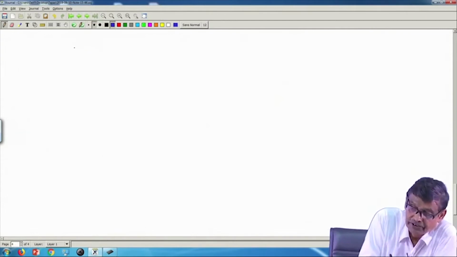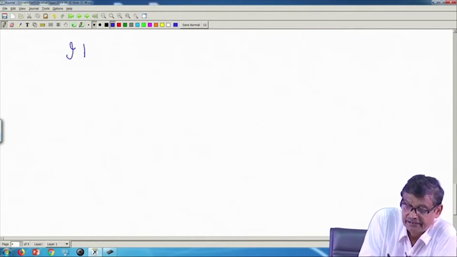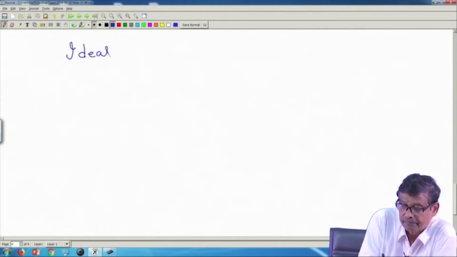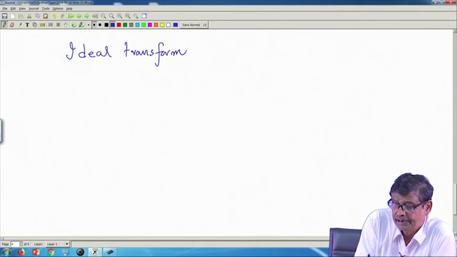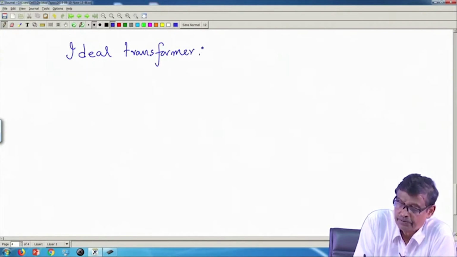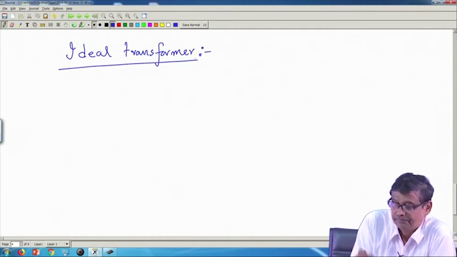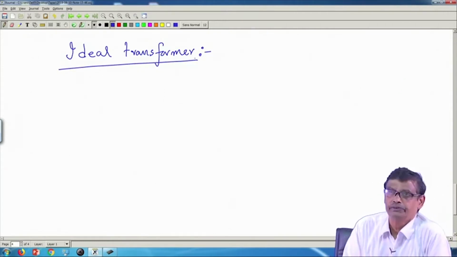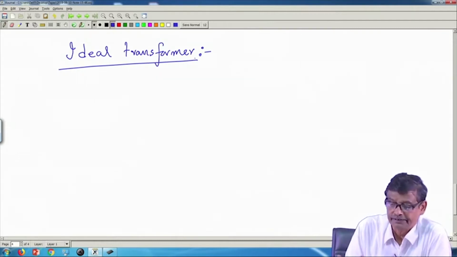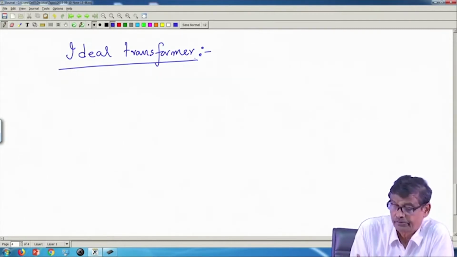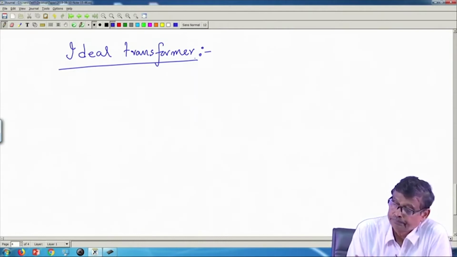Okay. Now, for the first time I am writing this ideal transformer. And if the concept of the ideal transformer is clear, you can deal with a practical transformer very nicely, because the concepts are so interesting.